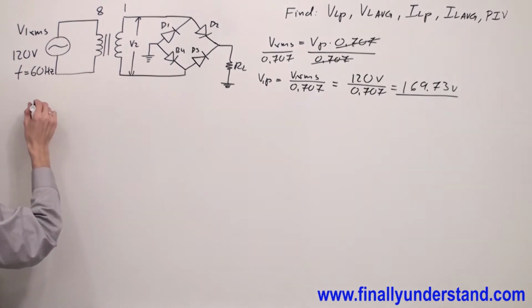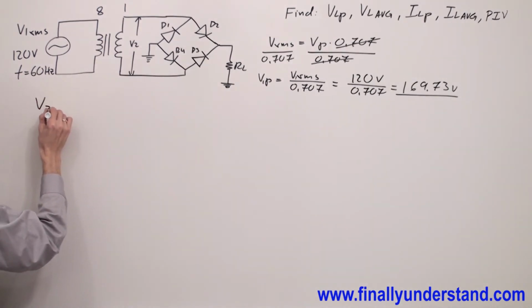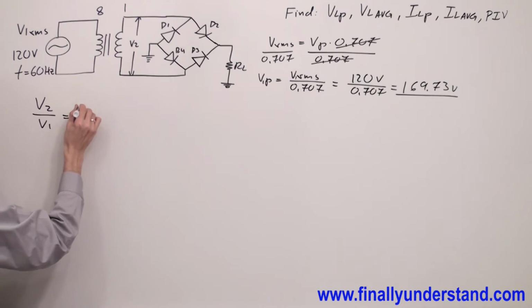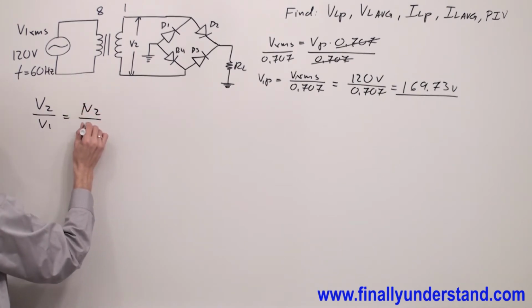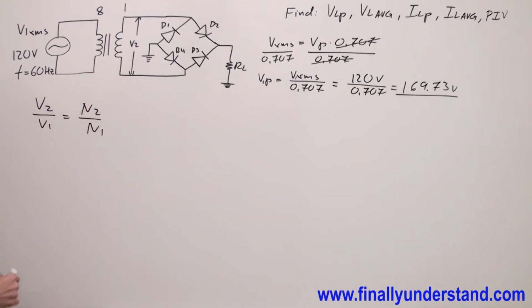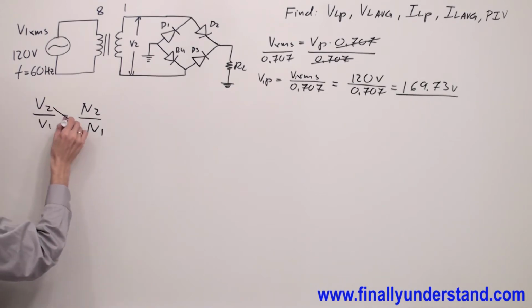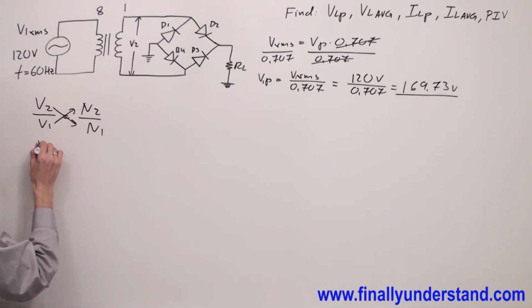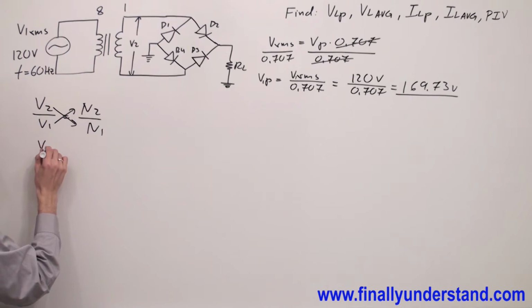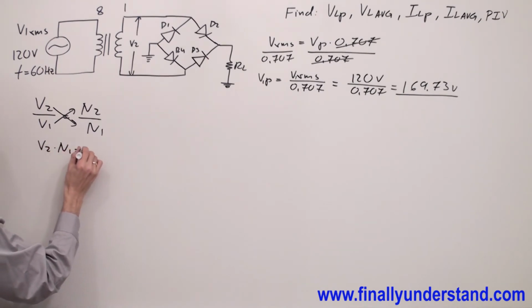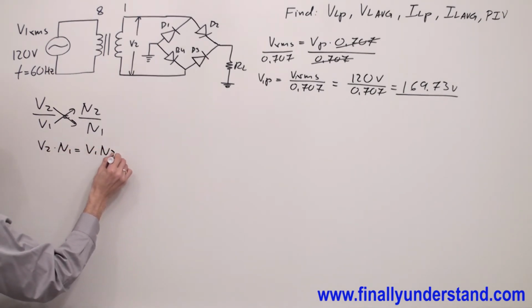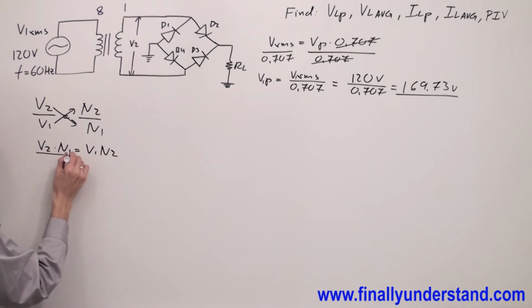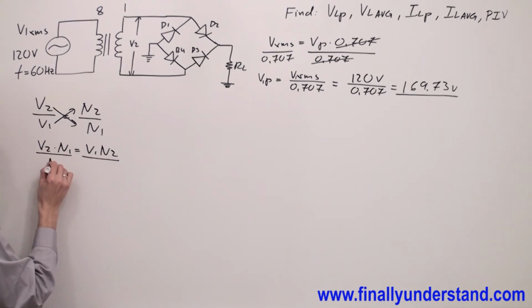I'm going to use the transformer formula. V2 over V1 equals N2 over N1. I have to find V2, so I have to solve the proportion. Cross multiply, and I'm going to have V2 times N1 equals V1 times N2. I'm looking for V2, that's why I have to divide both sides of the equation by N1.